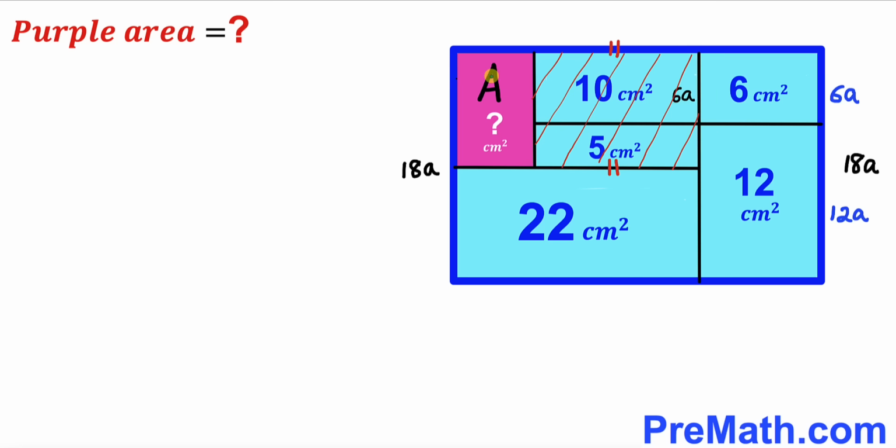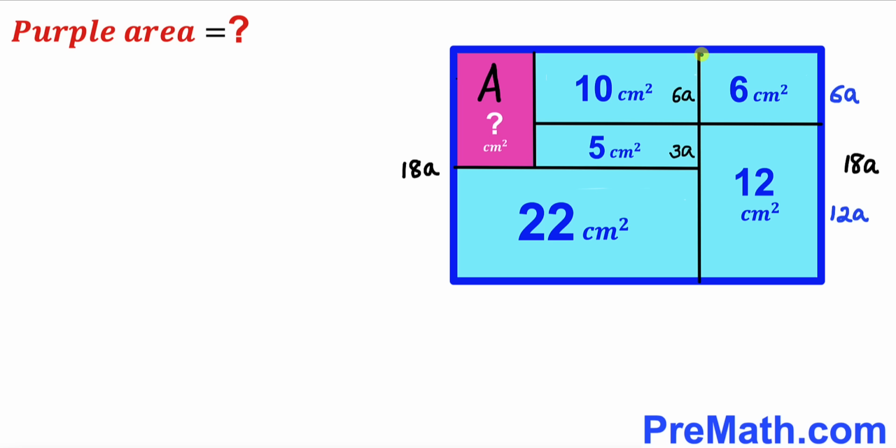The area of this rectangle is 10 cm², whereas the area of this one is 5 cm², half of that one. So this side length is going to be half of this side length. If this is 6 times A, then this is going to be half of that, which is 3 times A.